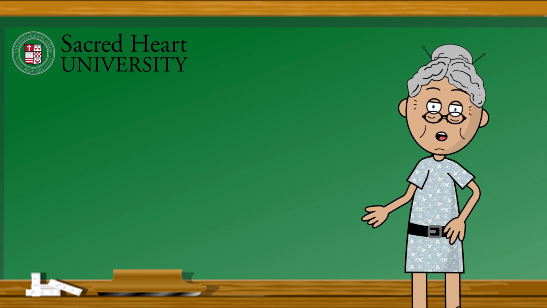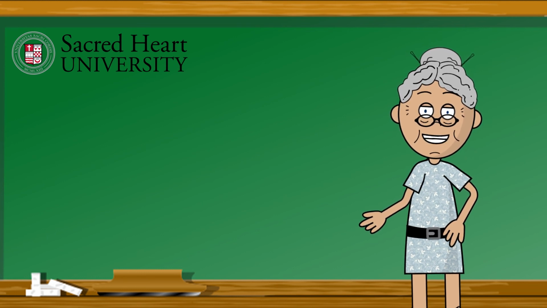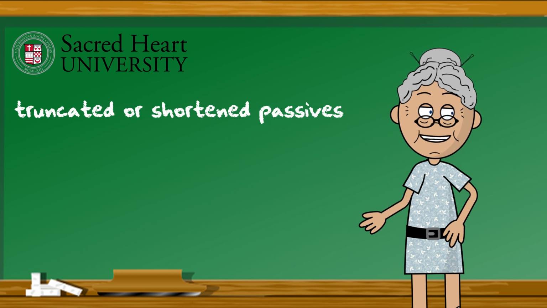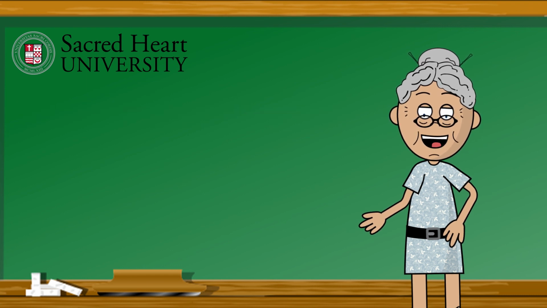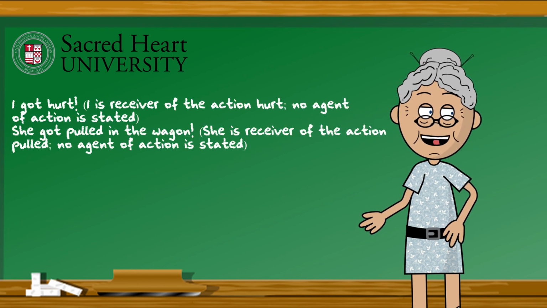Now, because passives are an exception to the usual rules, it takes a while for kiddies to learn to interpret these sentences correctly. Often into the primary school years, they may use some of what are called truncated or shortened passives, often with the verb get instead of a form of be. So they might say, I got hurt, where I is the receiver of the action hurt, but no agent is stated.